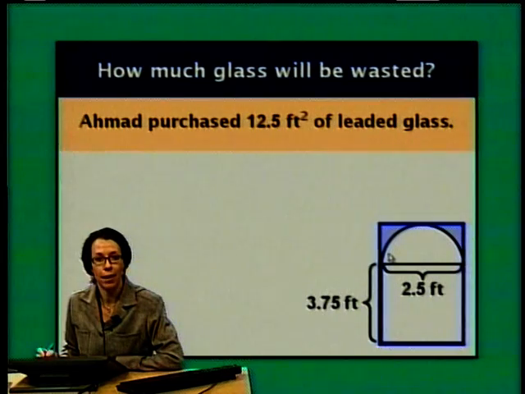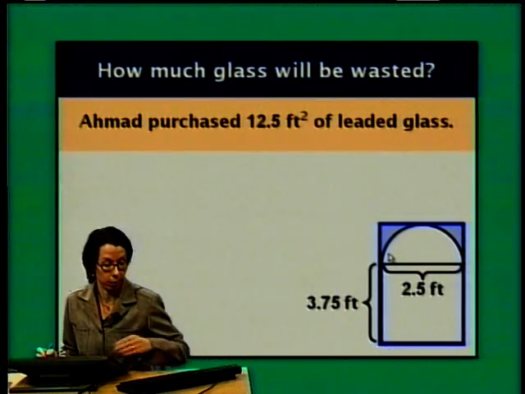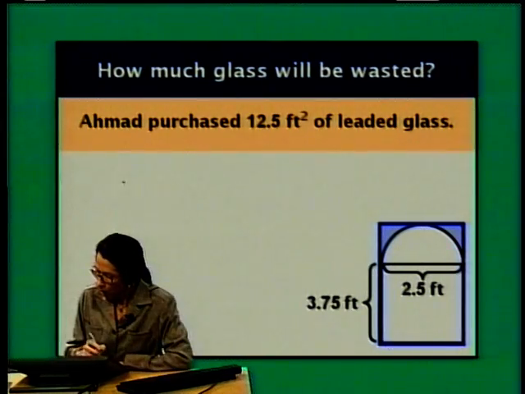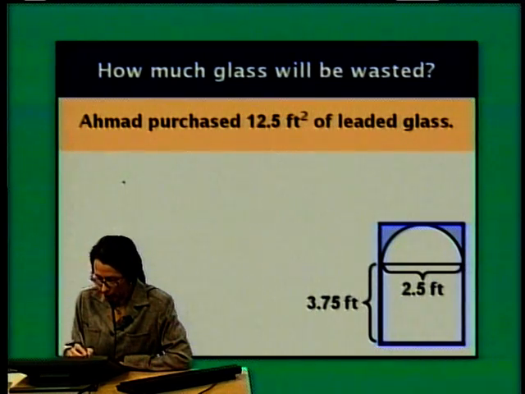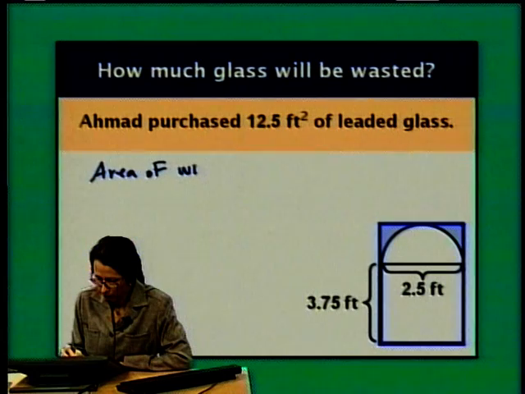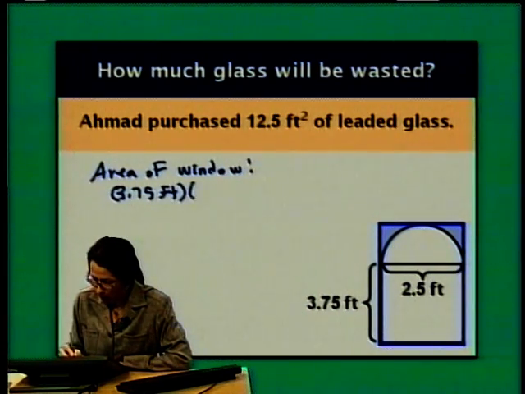So let me calculate the area of the window. I'm going to start with the area of the rectangle. So that's going to be 3.75 feet times 2.5 feet.